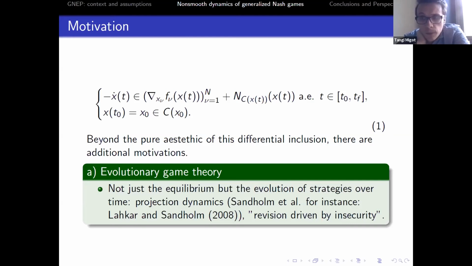And so this type of equation would be a generalization of what Sandholm and co-authors, for instance, call the projection dynamics for evolutionary game theory, which would maybe mean that the populations are doing revisions driven by insecurity. So I don't want to talk a lot about this, but the path in itself might have some meaning.